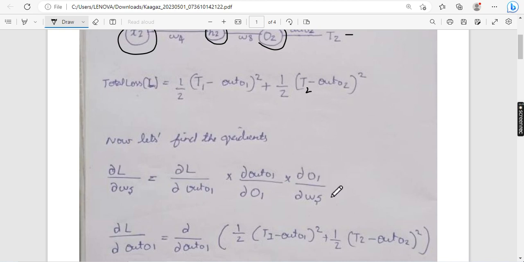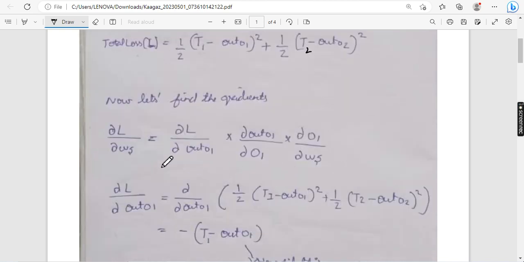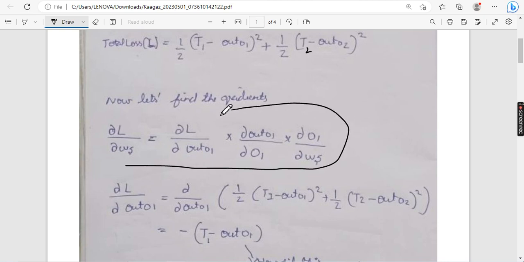So this is basically chain rule. This can be written like this. So if you see this, you will understand it better. This is chain rule. I hope this makes sense.